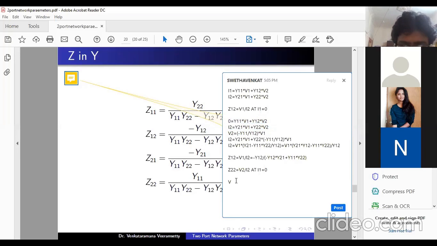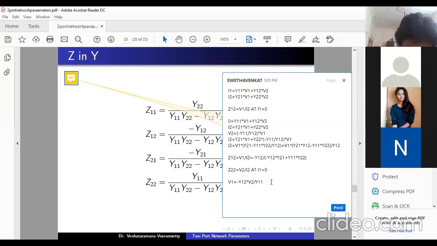From this equation we can write V1 equal to minus y12 into V2 divided by y11. Now replace this V1 expression in this equation, in place of V1.